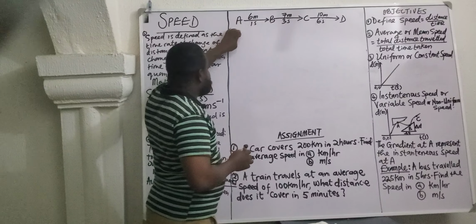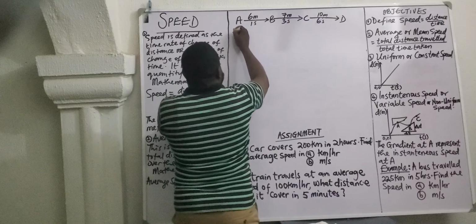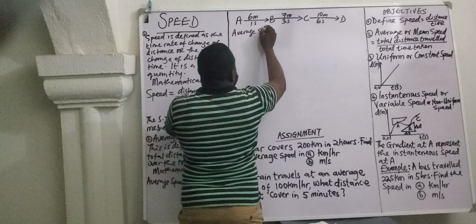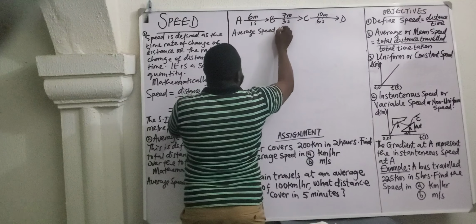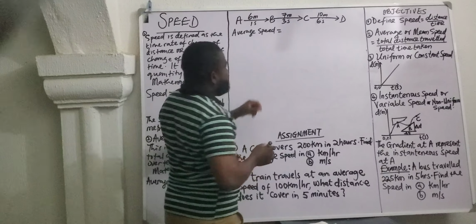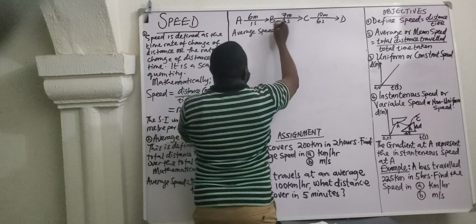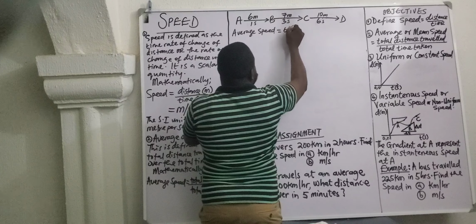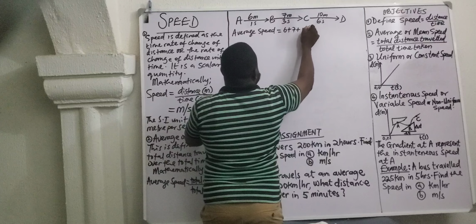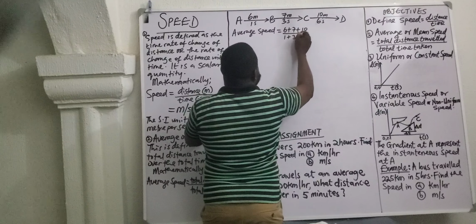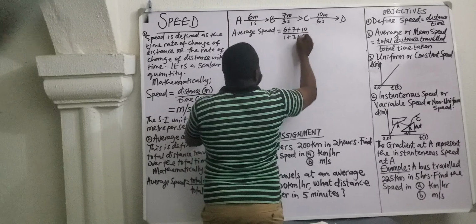Okay. Now, to get the average speed of this body, we will have to add all the distances and divide by the sum of all the times. So we will have 6 plus 7 plus 10 divided by 1 plus 3 plus 6.